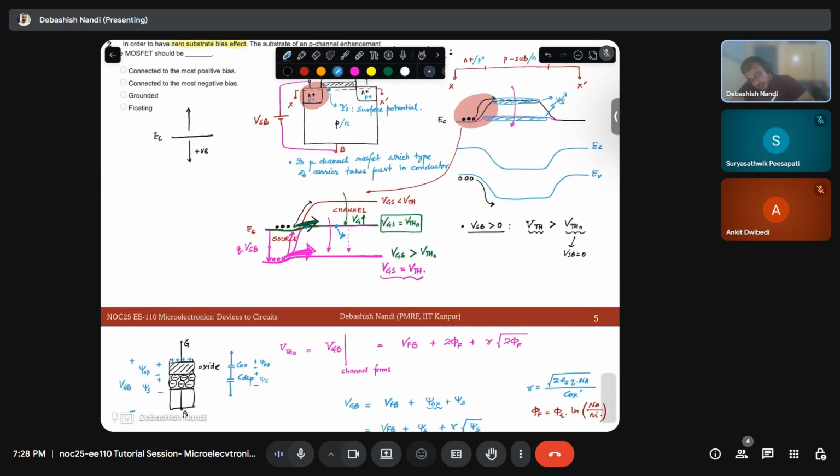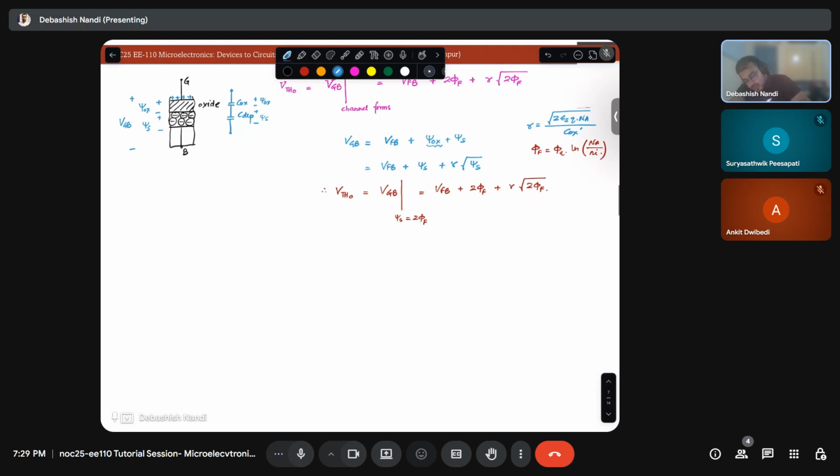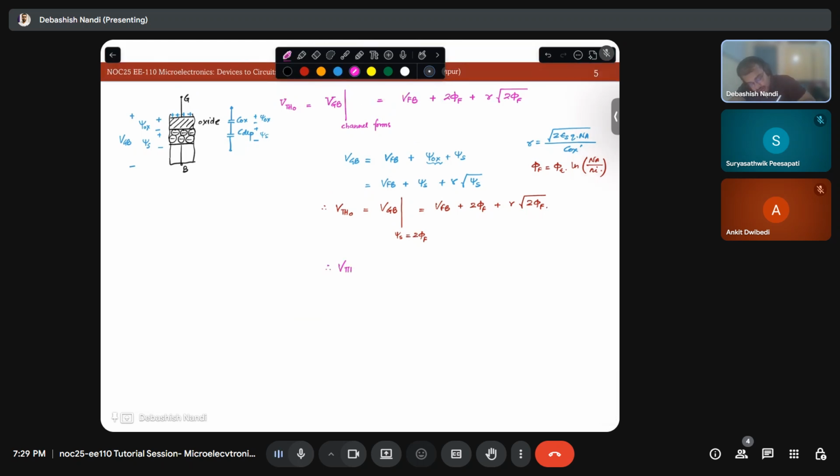Now, by applying this VSB, I needed to increase the surface potential by VSB as well. I am seeing the energy band diagram. That is why I am seeing the lowering of the bands. But that means my psi s has to increase by this VSB value. So if I take care of VTH, VTH will be nothing but your flat band voltage plus psi s, which will be 2 phi f plus VSB.